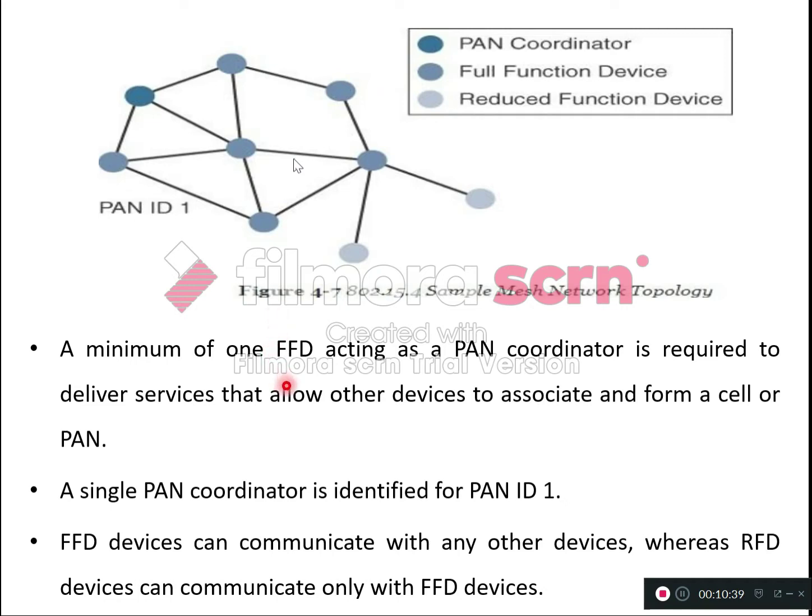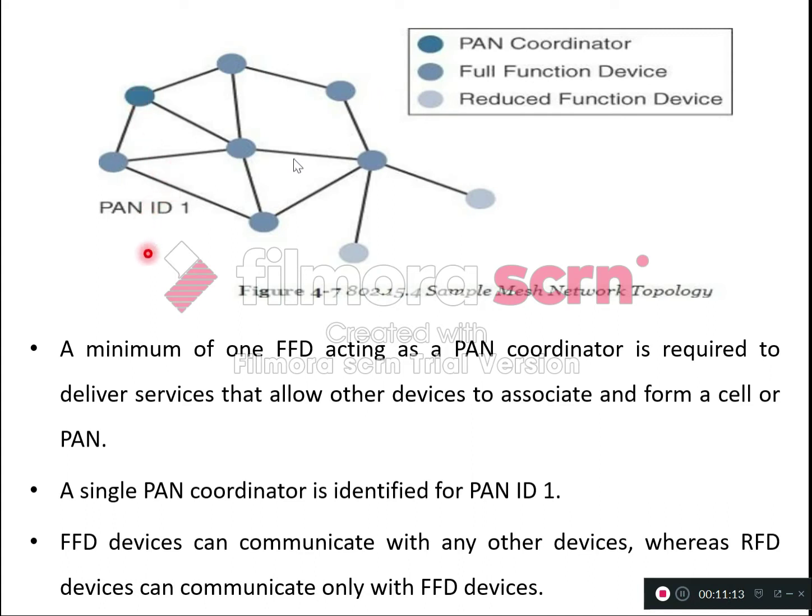A minimum of one FFD acts as a PAN coordinator. So the PAN coordinator is also an FFD. Out of these FFDs, one will act as a PAN coordinator, required to deliver services that allow other devices to associate and form a cell or PAN. That means, for example, if any other new device would like to get added to this network, this coordinator will make the necessary arrangements.